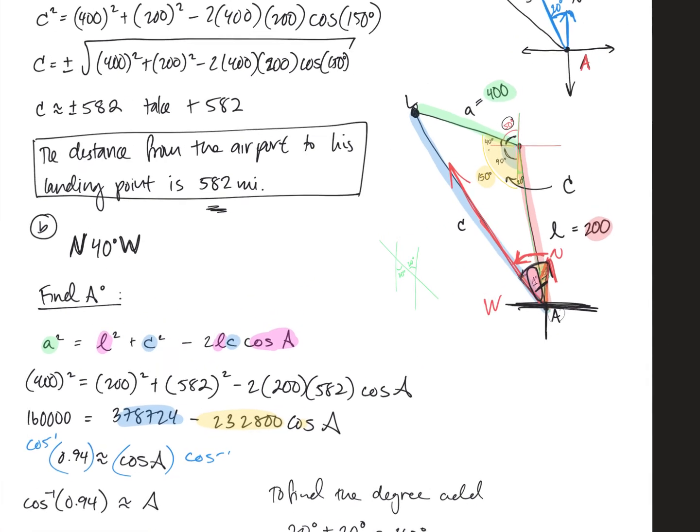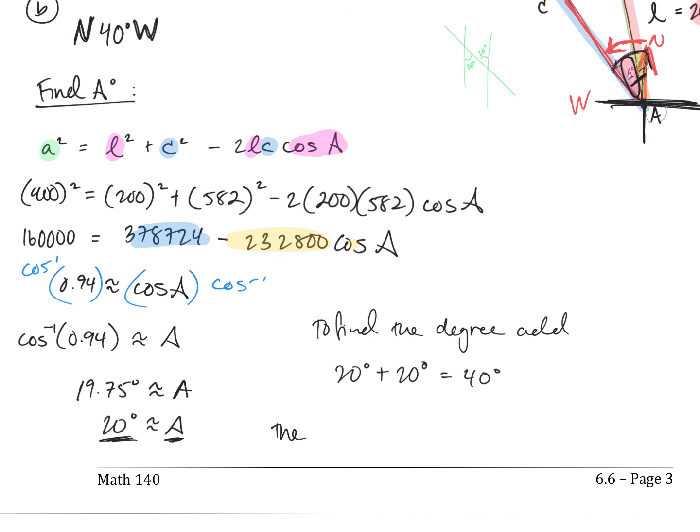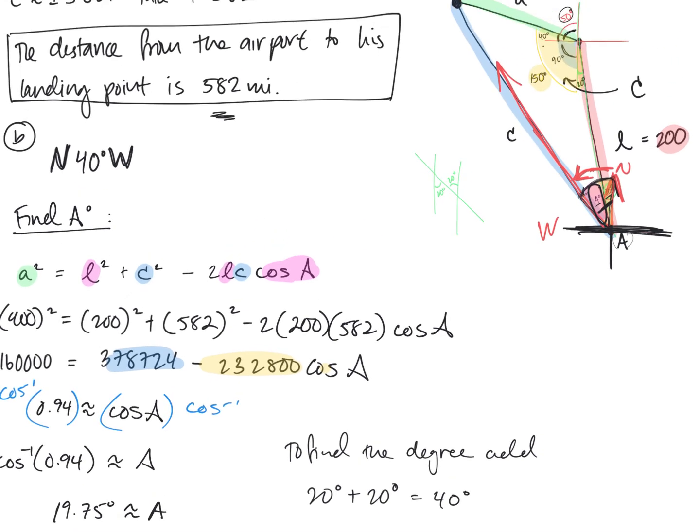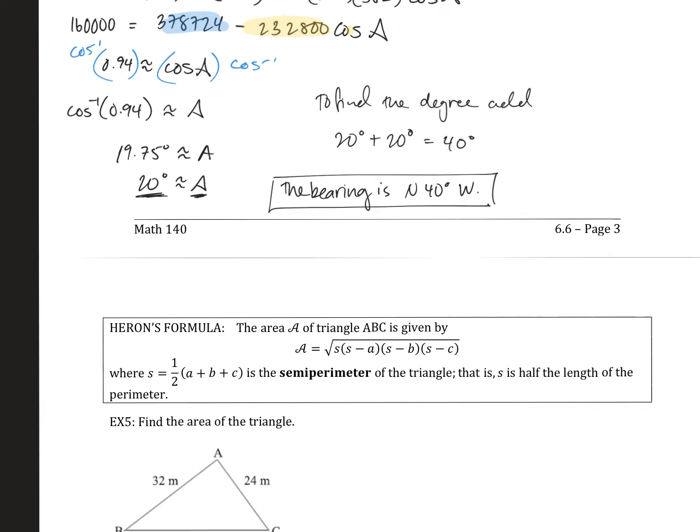Let me go ahead and write that in a sentence. The question is, find the bearing. The bearing is north 40 degrees west. Alright, a lot of the times it was being tricky with knowing angles to find other angles. That was definitely part of the trick.